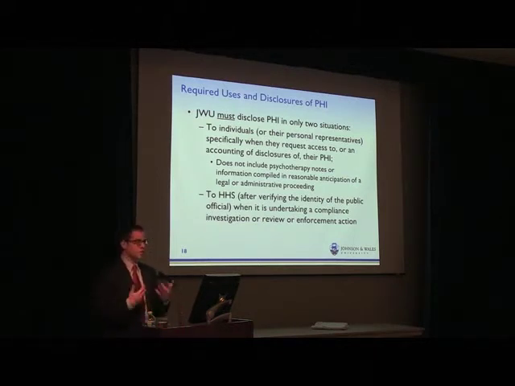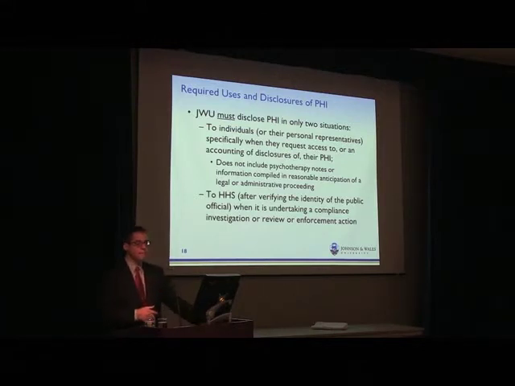A personal representative could be the parent. It could be a legal representative, a legal guardian, someone with a power of attorney, or someone calling on behalf of an estate. There are different levels of what a personal representative could be. That's sort of the catch-all: anyone who's not the individual who is contacting you.